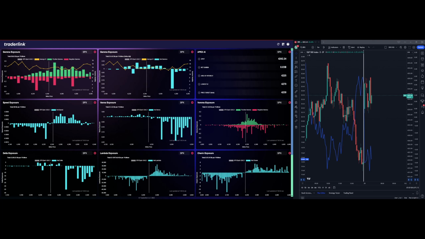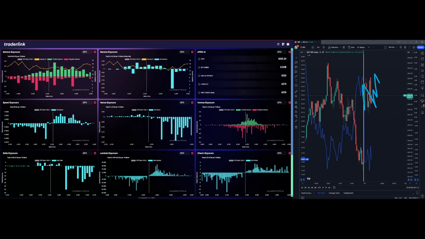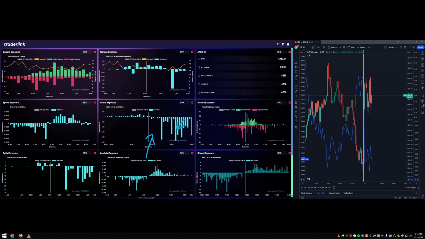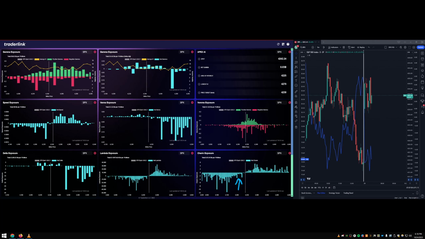So this is about 30 minutes in the day after some ugly chop in the morning. Some things you can always take note of in the morning are the negative charm below the price, which is slower delta decay, and the charm above the price, which is faster delta decay.